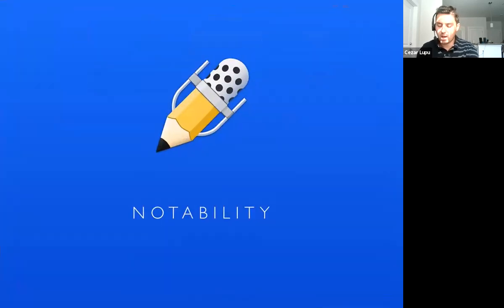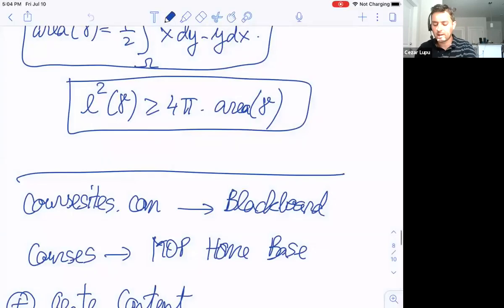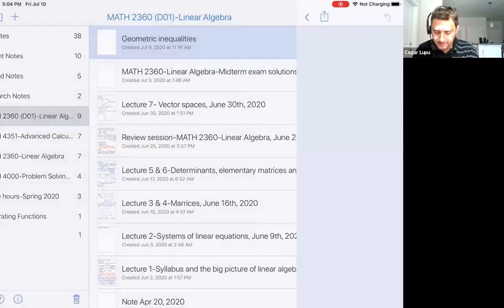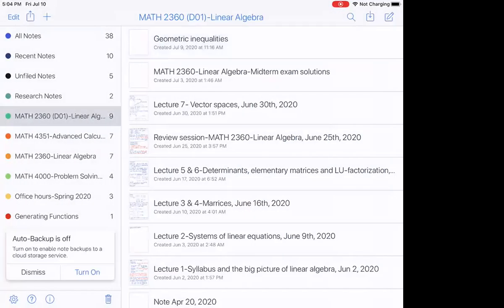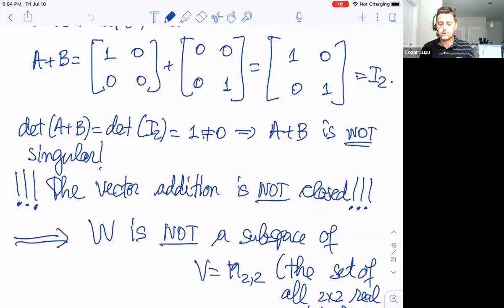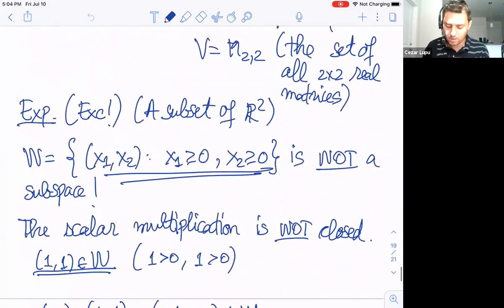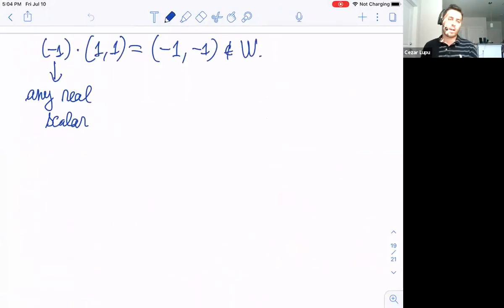I will most likely dwell on spanning sets, linear independence, basis, and dimension. I'm not going to go further than this. The rank and nullity we'll discuss in another lecture. Okay, so let's get started.